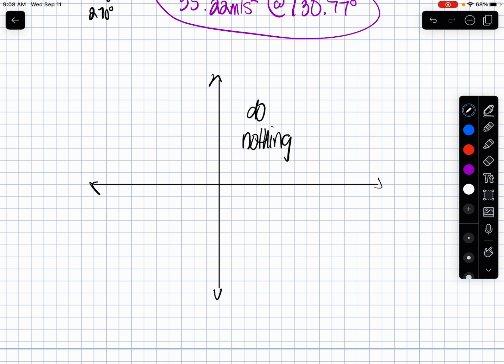If you're in quadrant 2, you're going to do 180 degrees minus your angle. If you're in quadrant 3, you're going to do 180 degrees plus theta. And if you're in quadrant 4, you're going to do 360 minus theta to get your final answer, to make sure you're in that correct quadrant.